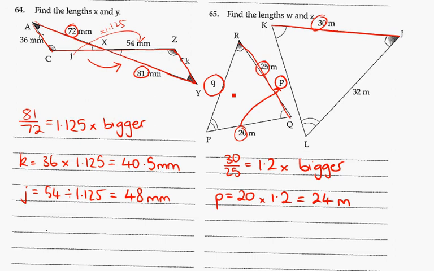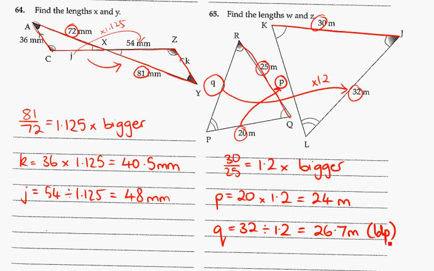So Q has been multiplied by 1.2 to give me 32. So to find Q, we're going to divide it by 1.2, which probably works out nicely again, not quite so nicely this time. 26.7 metres, we'll round that to one decimal place.